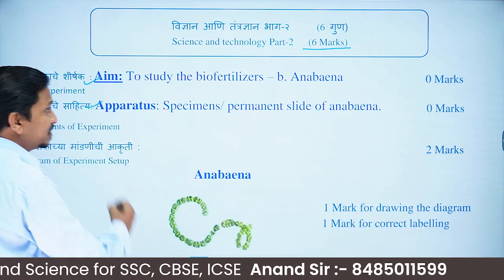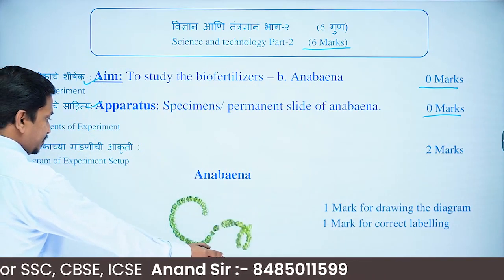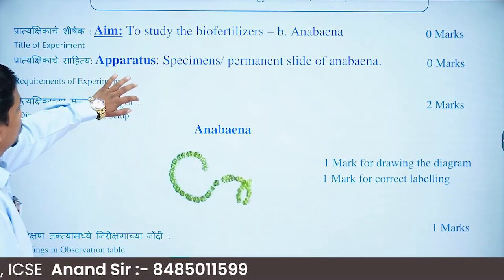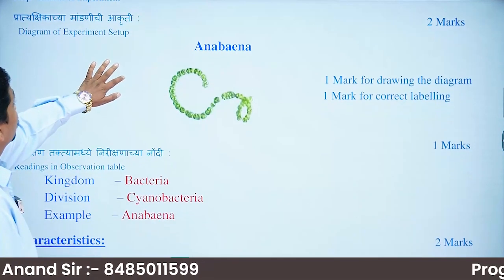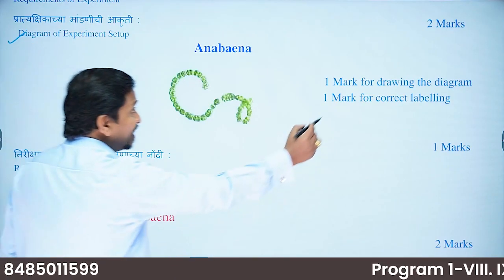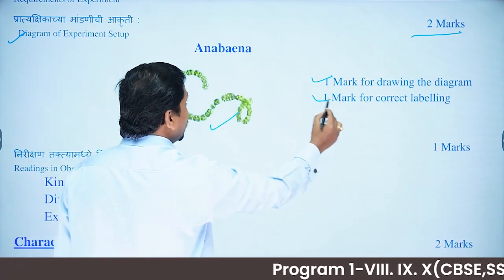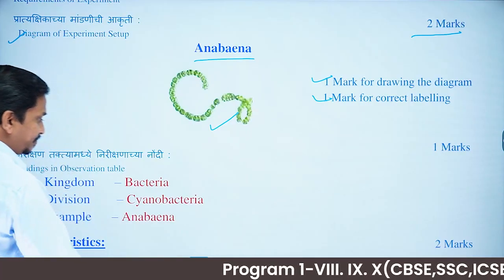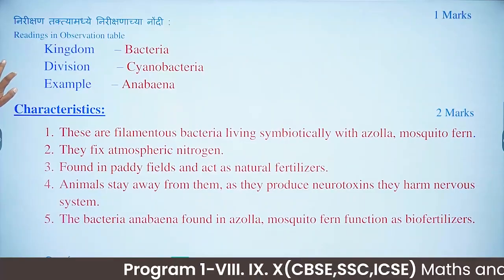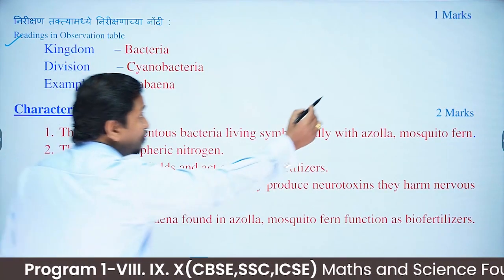For aim and apparatus, you will not get any marks. For diagram, you will get 2 marks: 1 mark for drawing this diagram and 1 mark for labeling. For observation, you will get 1 mark.